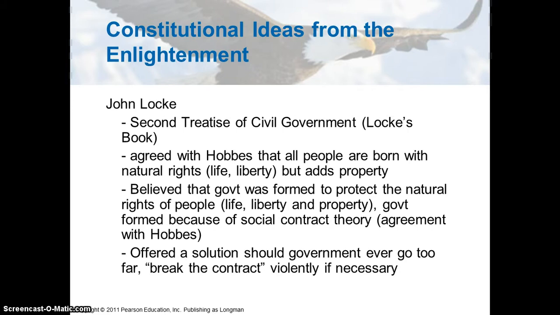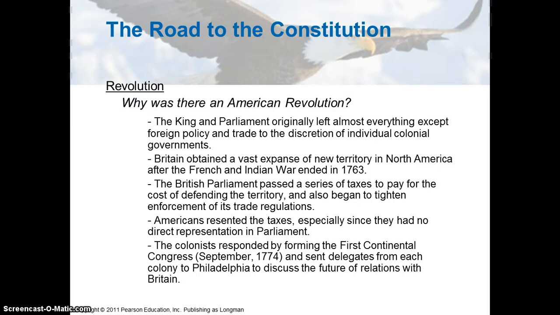However, Locke thinks it takes a lot in order to violate the social contract, and he believes that you shouldn't break the contract as an individual unless your natural rights are deeply affected, and then you can act violently. What a wimp.